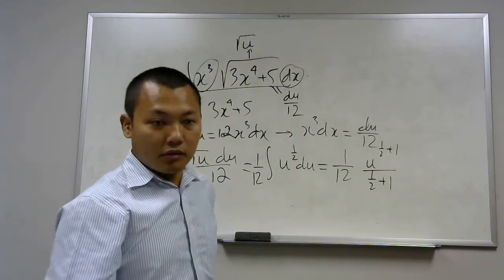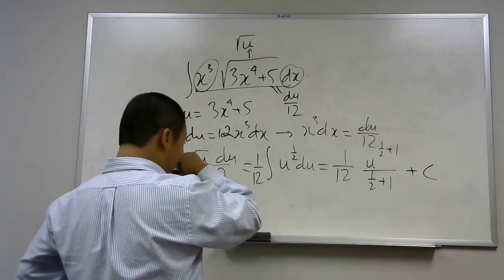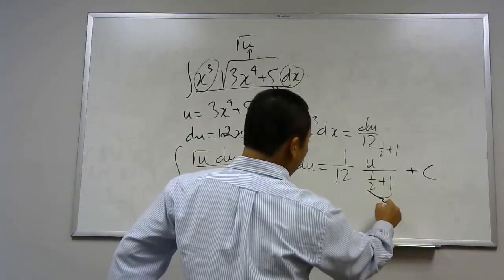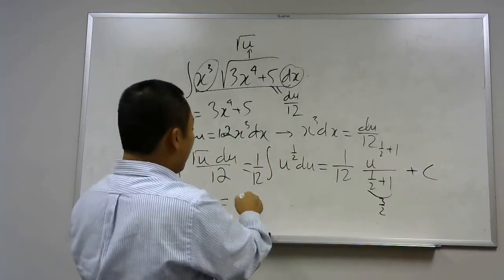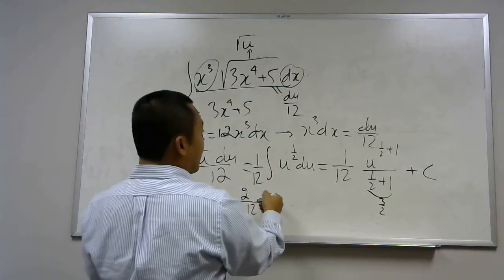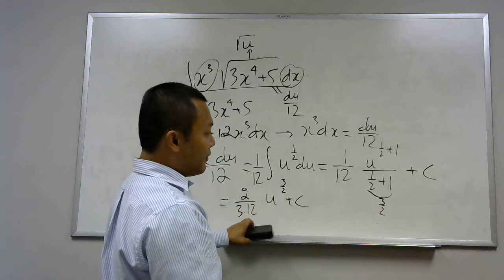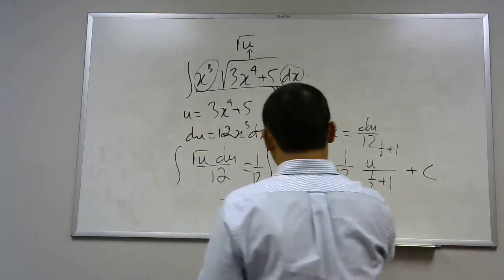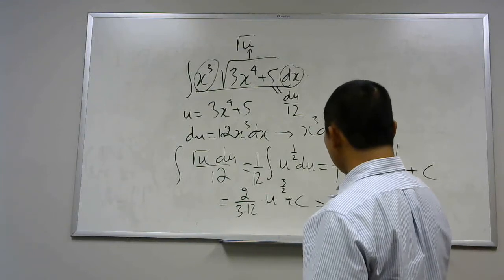This is the power rule, right? Plus a constant. And then this is 3 over 2. But when we divide, we flip: 2 over 3. So I have 2 over 3 times 12, and then u to the 3 over 2, plus C. Let's simplify that. 2 over 3 times 1 over 12 is 1 over 18.